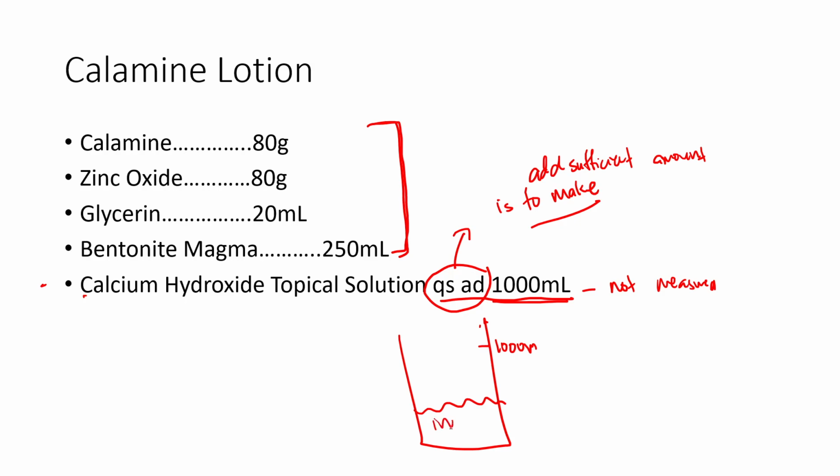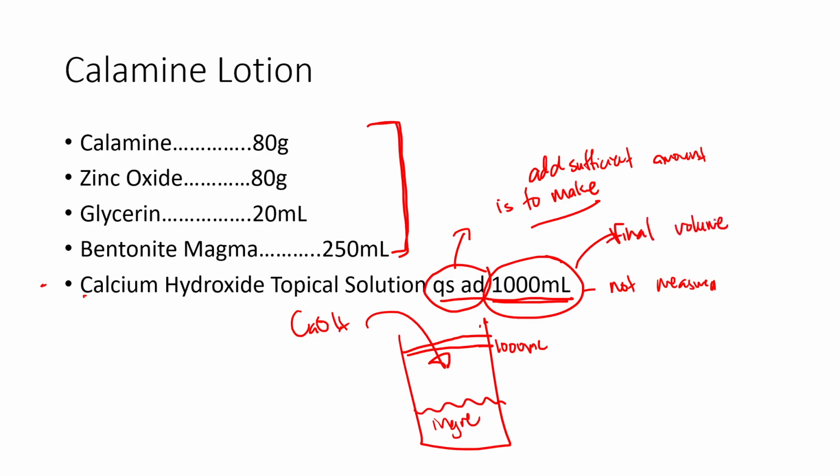If these are all your ingredients, you're going to add calcium hydroxide until it reaches 1000 ml. It's not measured. You just eyeball it to make 1000 ml. And the key thing here is 1000 ml is the final volume. This is the final volume of our recipe. So this recipe is good for 1000 ml.